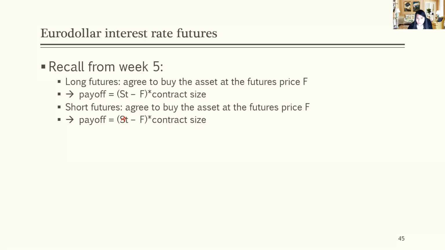For short futures, sorry, this is the opposite. For short futures, you agree to sell. I mixed this up again, sorry. So for short futures, you sell the asset at the futures price of F, okay? And as a result, your payoff is F minus ST times the contract size.